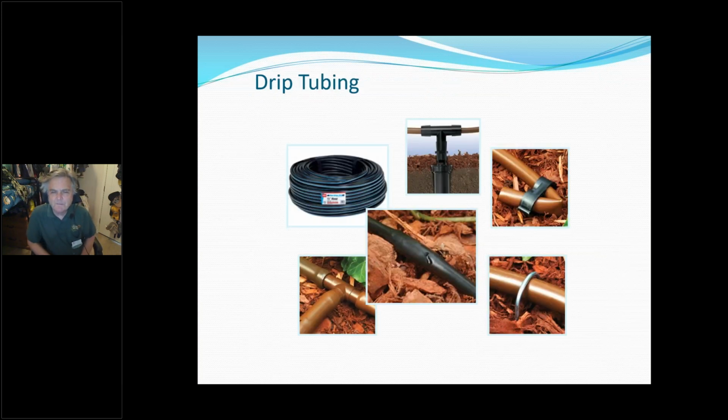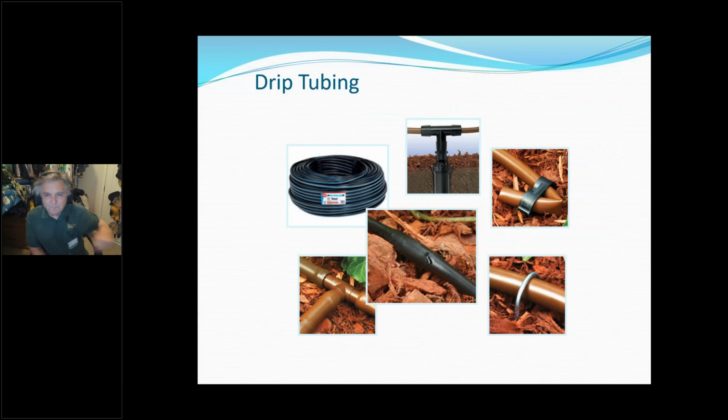And then the tubing. There are 2 types of tubing. One is simply the main line that carries water from one area to the other. At the end of the line, you cap it off or use a figure 8 to end it, and then the line will build up pressure and the water will come out.